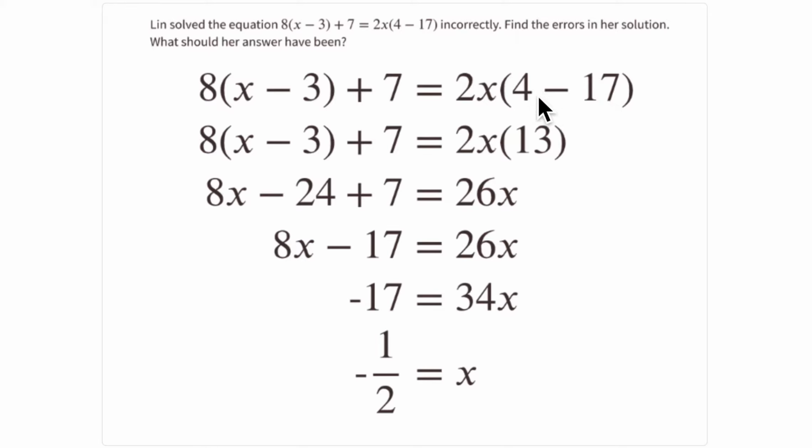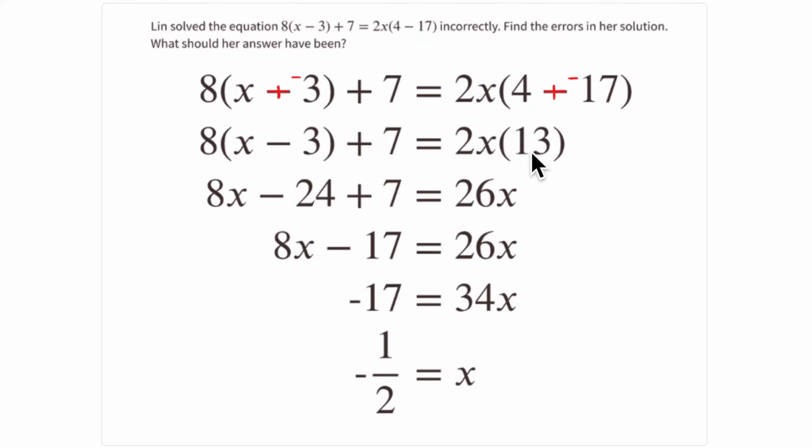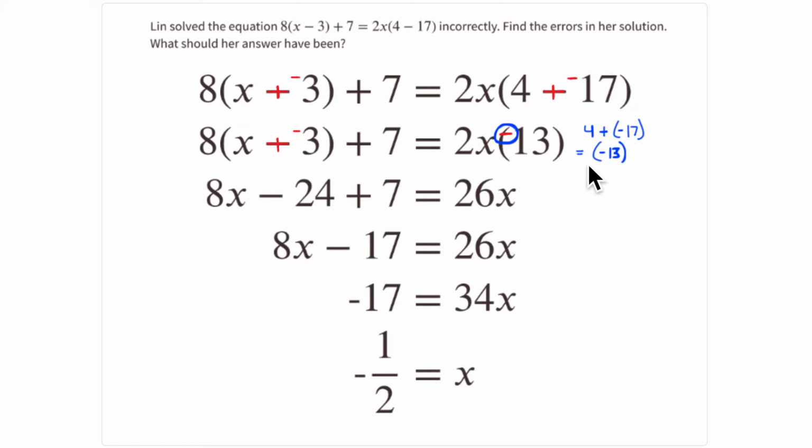She subtracts 4 minus 17 and gets a positive 13 as an answer. I still think if she would make this change to adding a negative 17, she would not make this mistake. This should be negative 13. So now it's 4 plus a negative 17, which equals negative 13. So that's the first mistake.